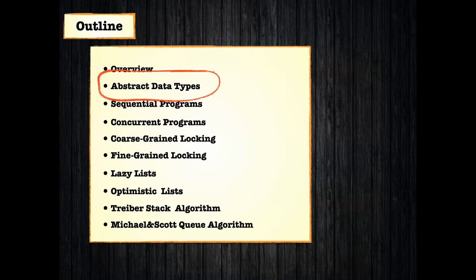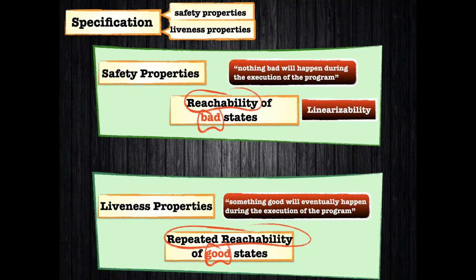And then we said that we would also look at liveness properties. This is something that we will do today for the coarse-grained synchronization paradigm, where we reason about threads being able to do what they want to do. So this will be something good will eventually happen.